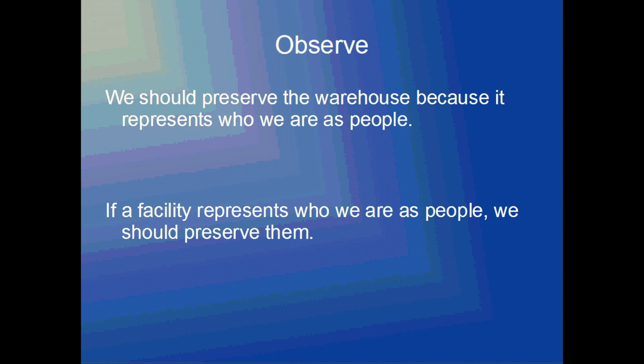So you have the generic assumption in the form of a conditional proposition, and then the question that leads you to regarding what's special about the cause that is representing us as people, that we should preserve the warehouse.